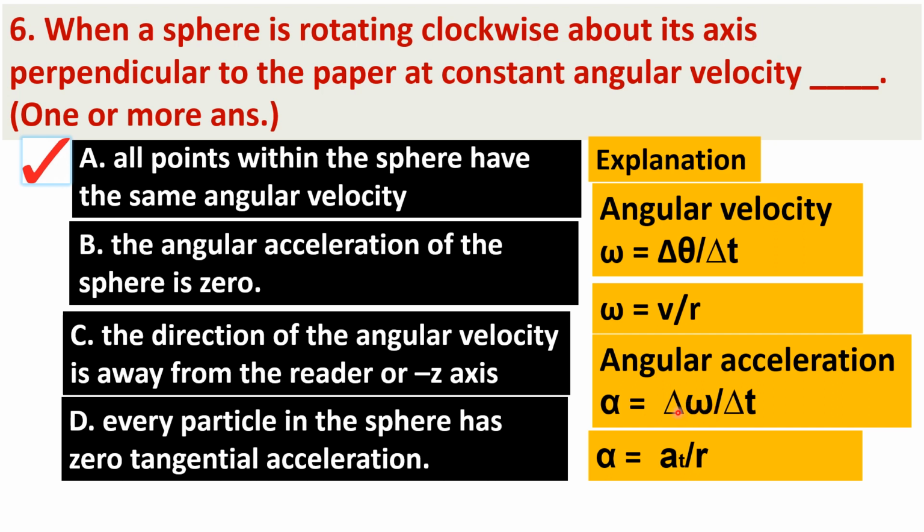It means that if a rotating body has a changing angular speed or angular velocity, then we say it has an angular acceleration. Delta omega means change in angular velocity per unit time. That is the meaning of angular acceleration.